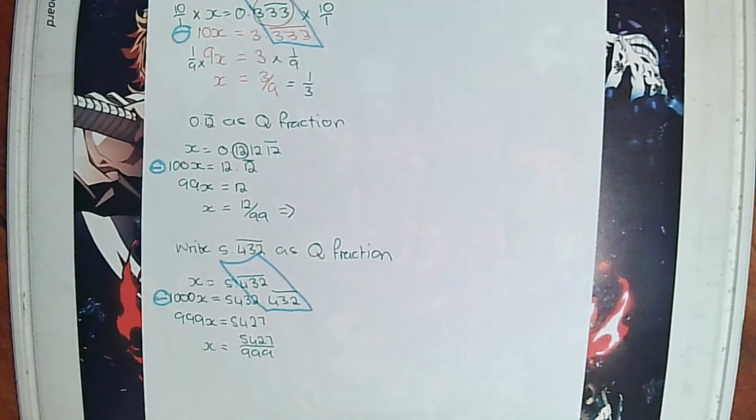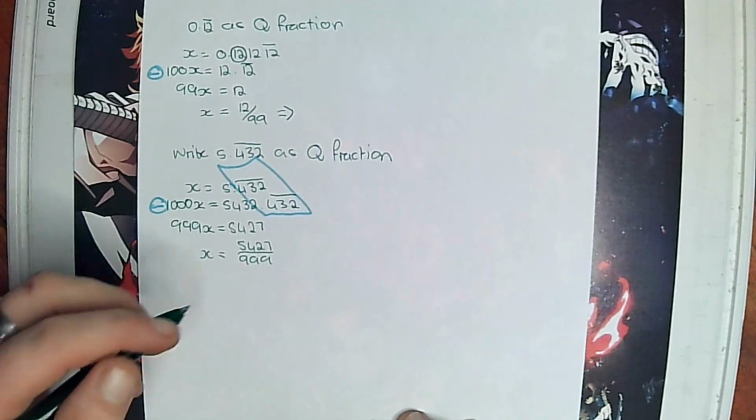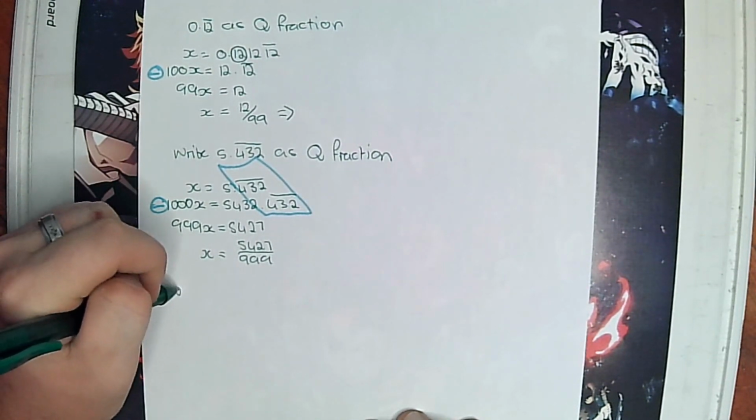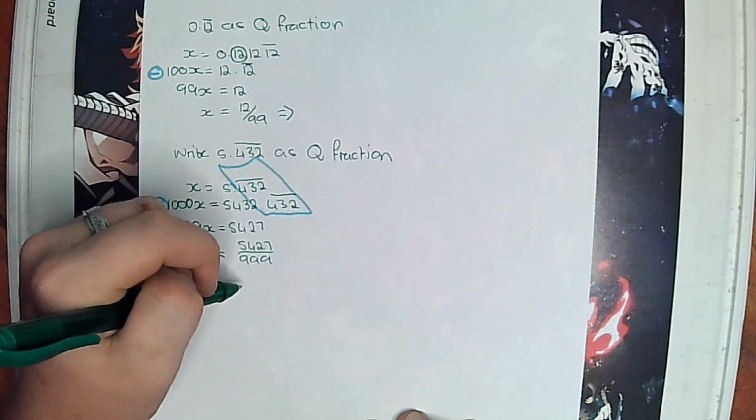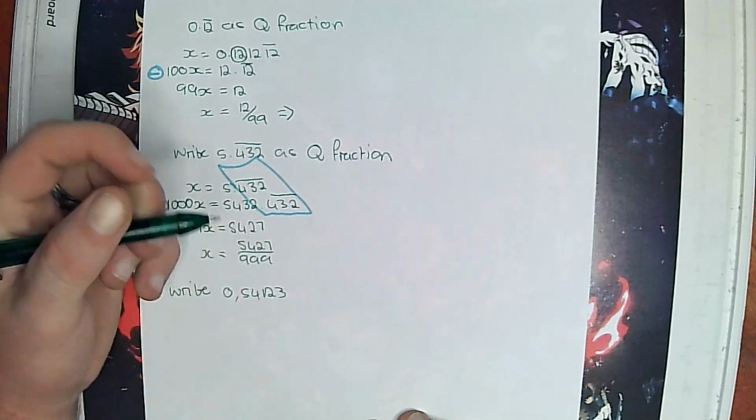So we're going to look at one last example, and this one might be a bit more tricky, but again, nothing too intense. Say you are asked to write 0.54123 as a rational fraction.